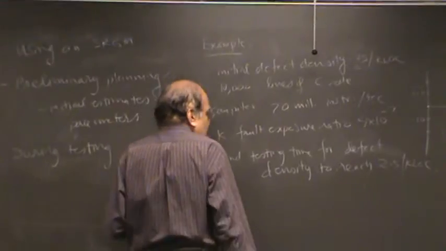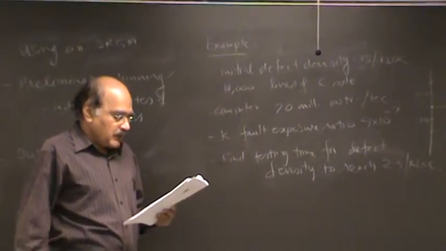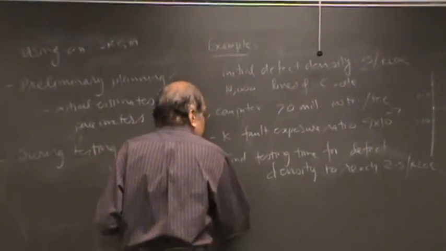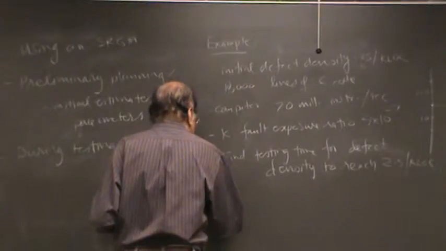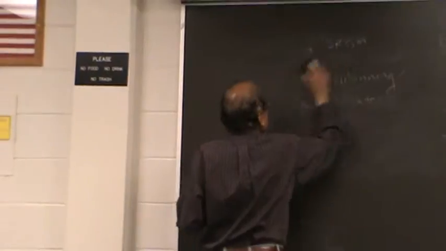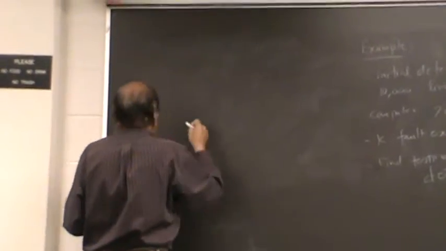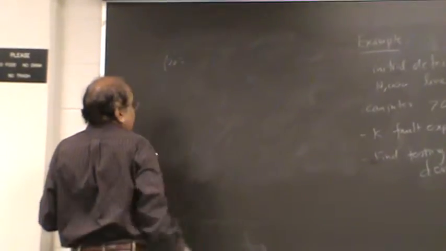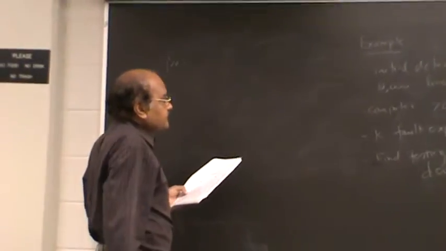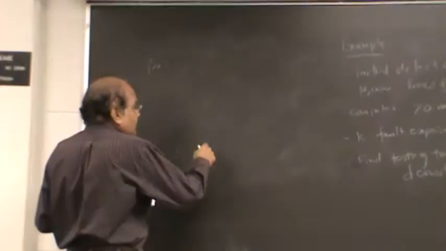Okay, here's the procedure. First you will find beta 0 and beta 1, and then plug things into the formula. So let's calculate beta 0 and beta 1 here. What about beta 0? 25 defects per 1,000 lines of code, and you have 10,000 lines of code.